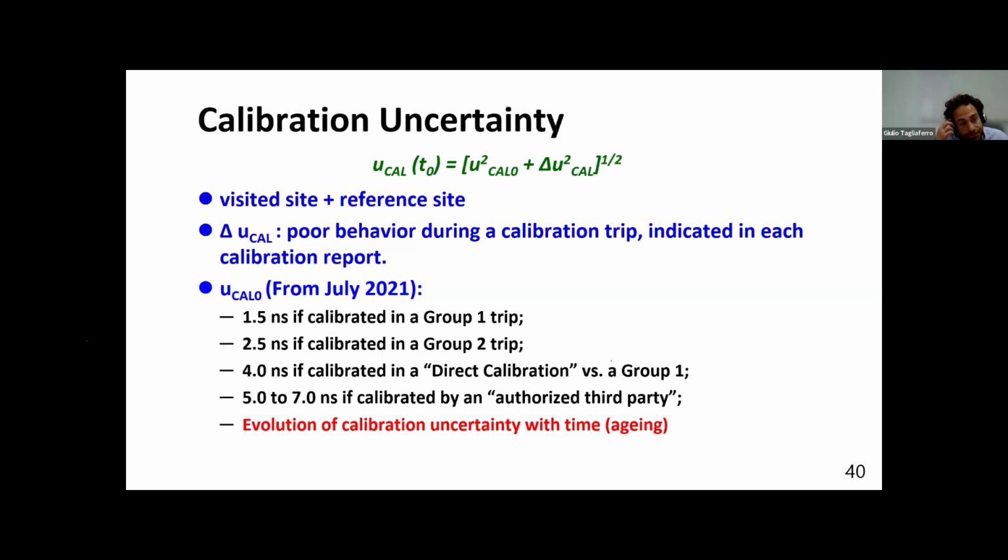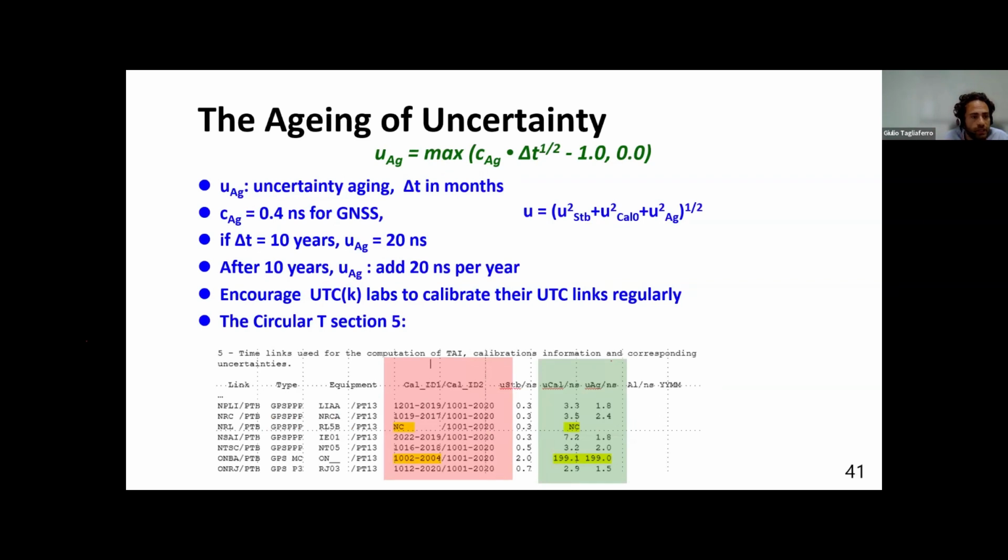Next slide, please. And finally, the calibration uncertainty evolves with time. So there is an aging term, which is computed using the formula you see in the slide.